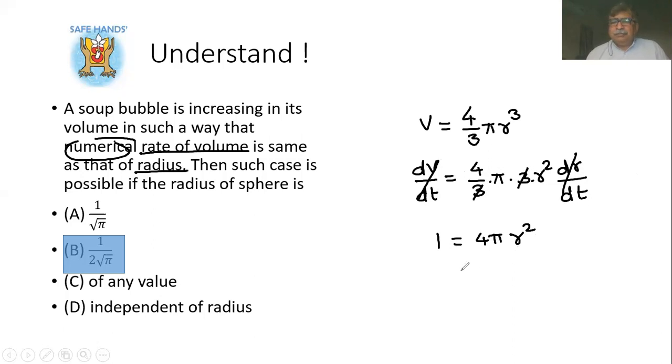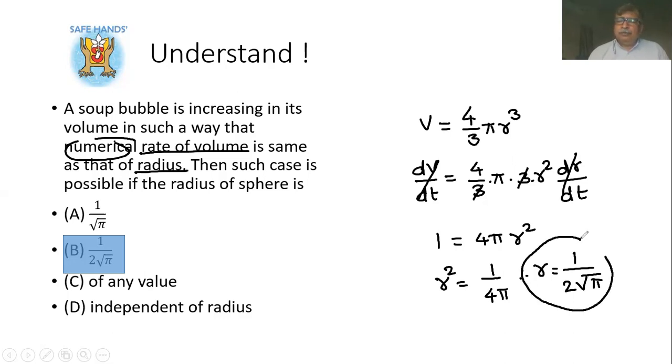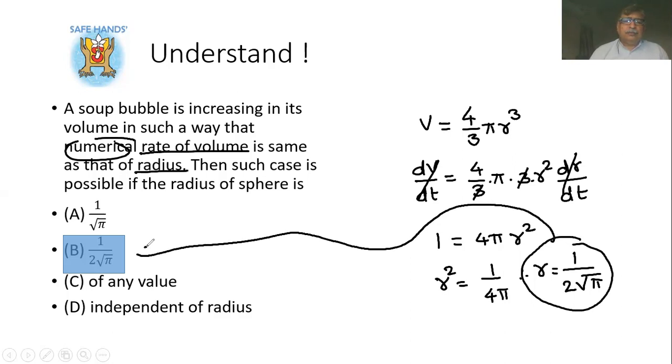That obviously tells me that r square is equal to 1 upon 4 pi, and because of this, r must be equal to 1 upon 2 root pi, and this value is obviously available over here. So this is how this particular problem is to be dealt with.